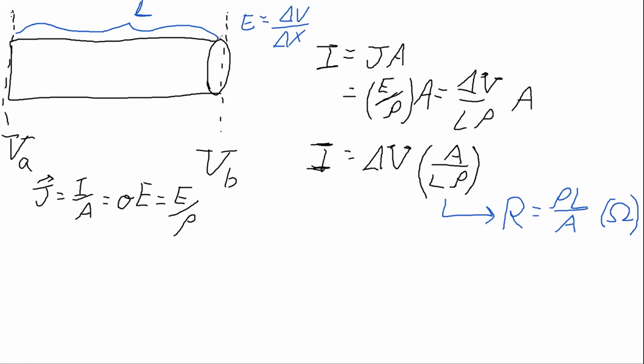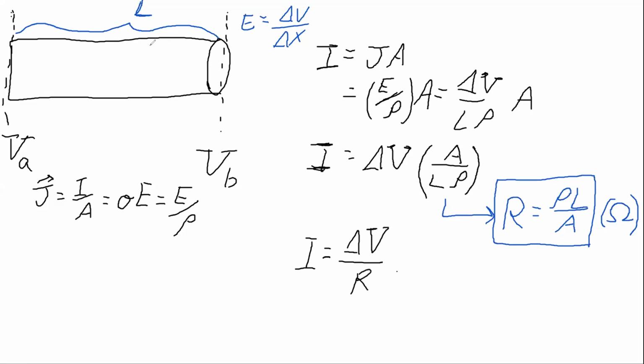Okay, so this equation becomes very important. This is our resistance, and if I plug that into my original equation, I get I, current, equals change in voltage, or your voltage difference across the wire, over R. And this is the very well-known Ohm's law, so I'm going to drop that delta. Usually VB will be 0 or something like that. But it's the change in voltage over the wire equals current times resistance.